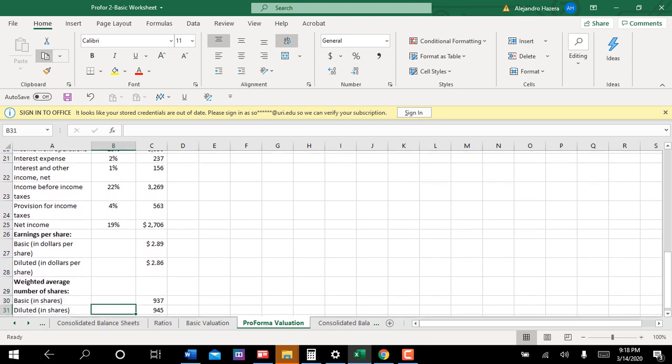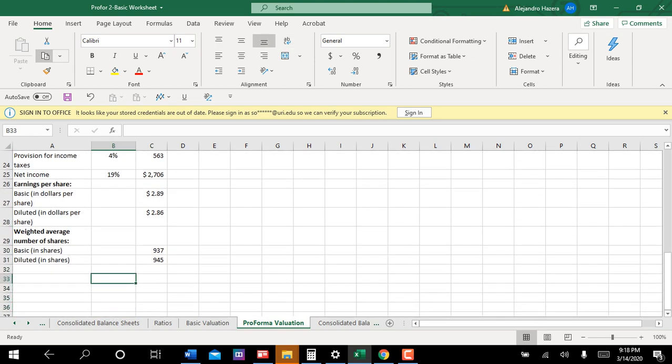Well, anyway, let's get to our balance sheet. So this is the bottom of the income statement. Right now, let's put in the words balance sheet.